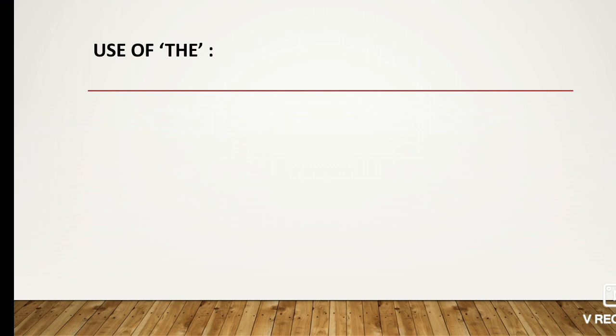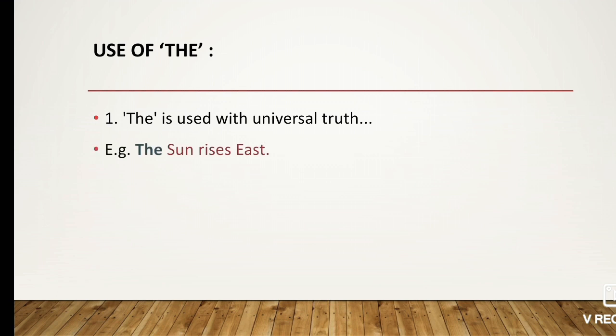Then the use of the. First, the is used with universal truth. What is meant by universal truth? Universal truth means those things that do not change anytime and anywhere. For example, the sun.